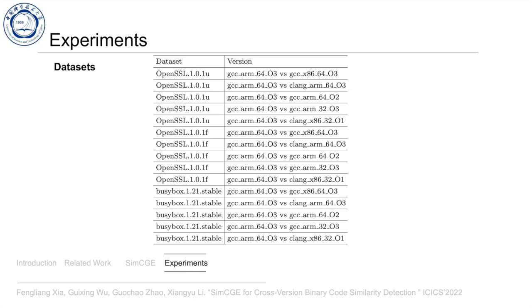In a high-dimensional space, our goal is to push the embeddings of the anchor and positive close together and to push apart the embeddings of the anchor and negative. Our versions of the binary code include cross-platform, cross-compiler, cross-optimizer, and cross-bit. We have done extensive experiments on these different versions.